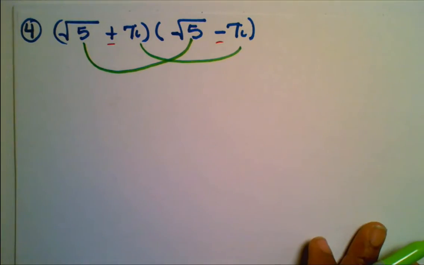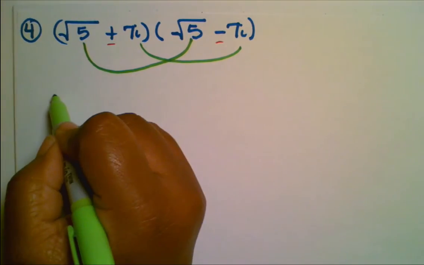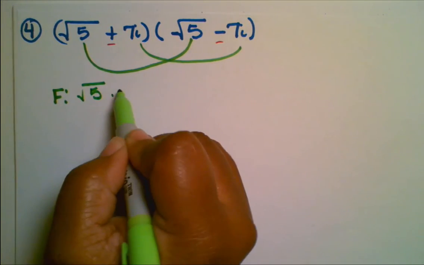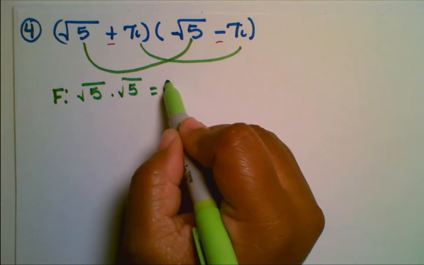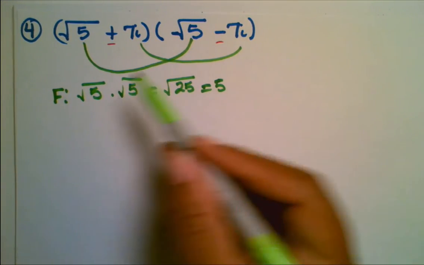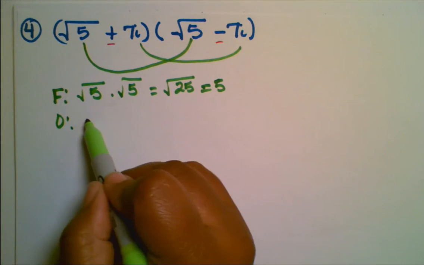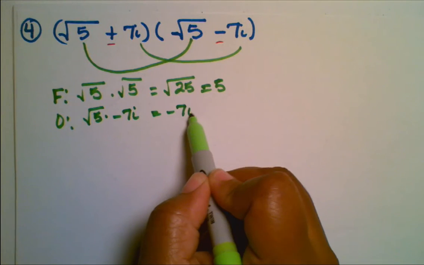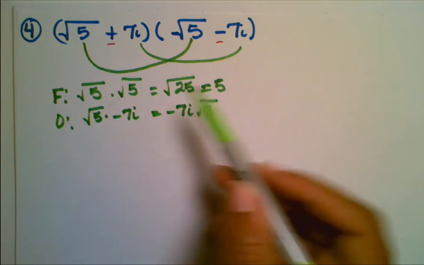So just to show you, your first term, we have the square root of 5 times the square root of 5. That's the square root of 25, which gives us 5. The outside term, the square root of 5 times negative 7i, we have negative 7i square root of 5.